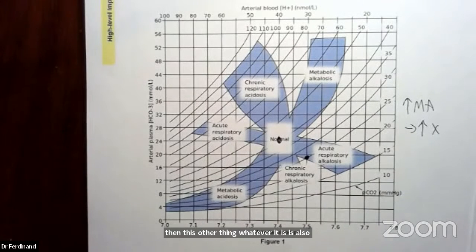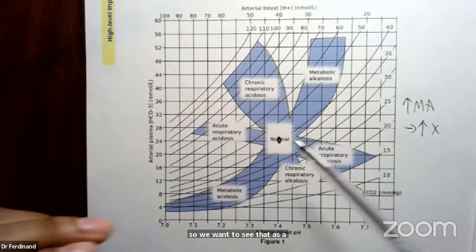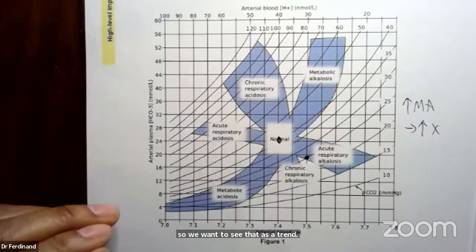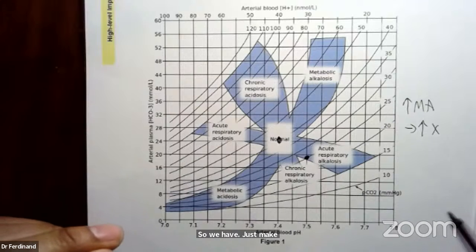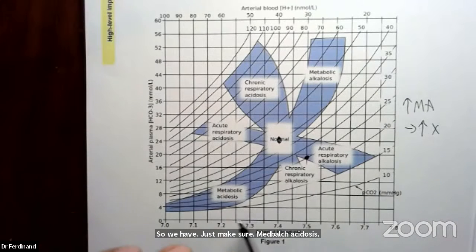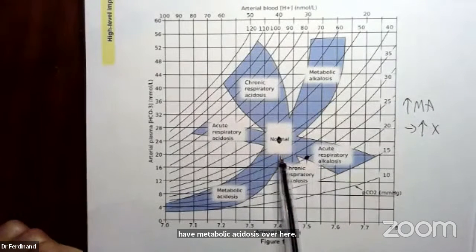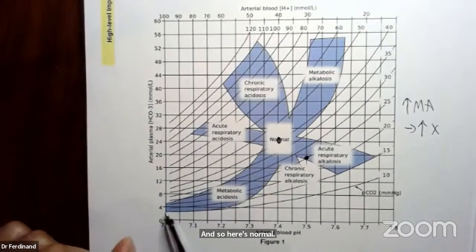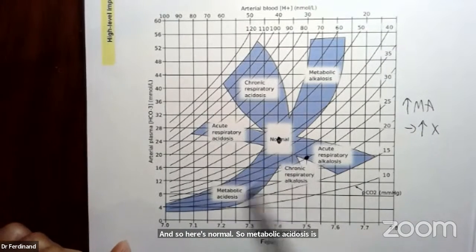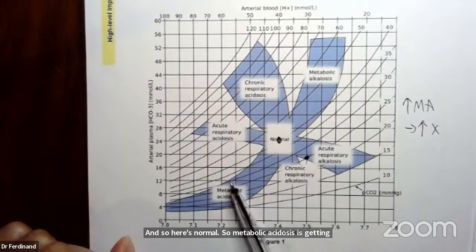So we want to see that as a trend. So we have metabolic acidosis over here. And so here's normal. So metabolic acidosis is getting worse. So as we go in this direction, we have metabolic acidosis getting worse.